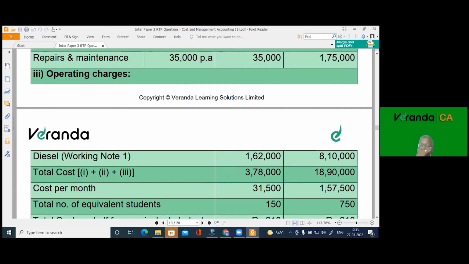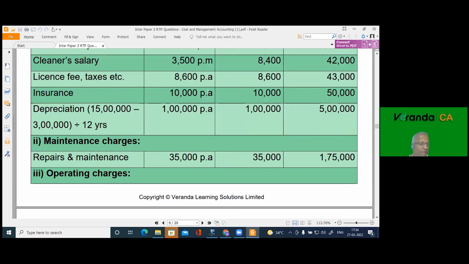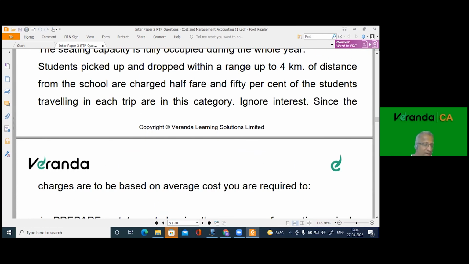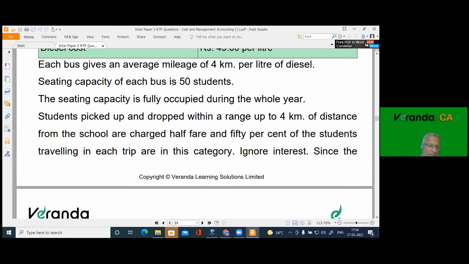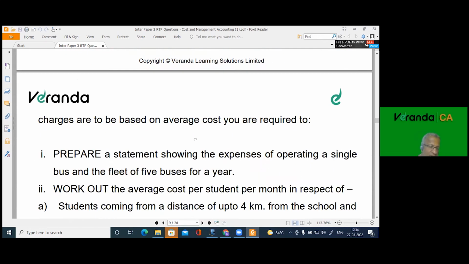Practically, what they do is keep the buses in isolated places very close to students' houses, and in the morning they operate. So why would they come back to the school empty? You can avoid that fuel charge. This is the way they practically think. But in this problem, they mentioned so clearly that the buses have to get back and be kept in the garage.